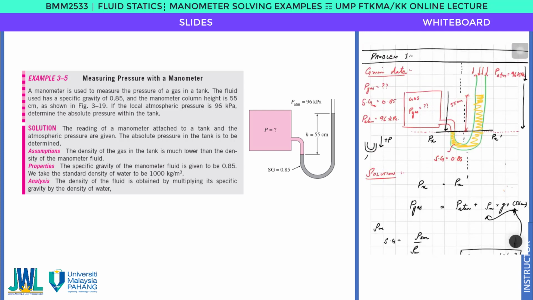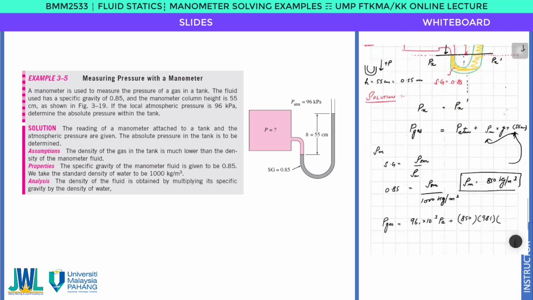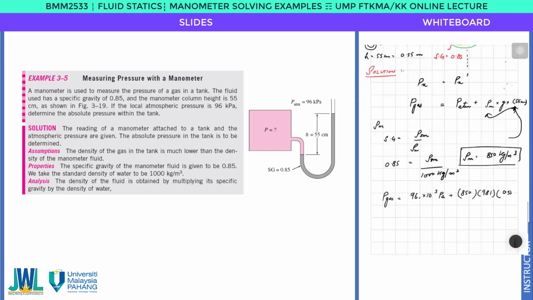Height is equal to 55 centimeter, which is 0.55 meter. So the pressure in the gas tank is equal to 100.6 into 10 to the power 3 pascals, which is 100.6 kilopascals. This is the answer.